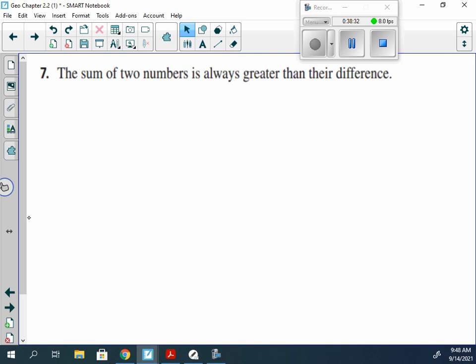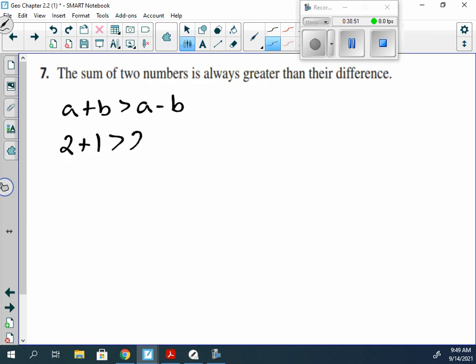The sum of two numbers is always greater than their difference. So if we set it in a general case, A plus B is going to be greater than A minus B. 2 plus 1 is going to be greater than 2 minus 1. So 2 plus 1 is? 2 minus 1 is?